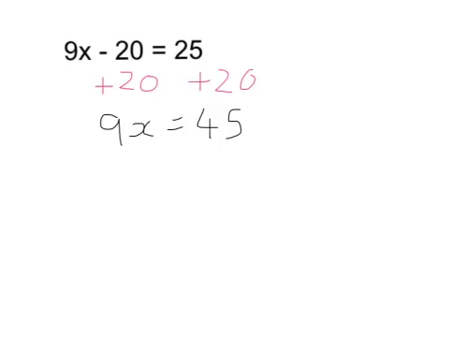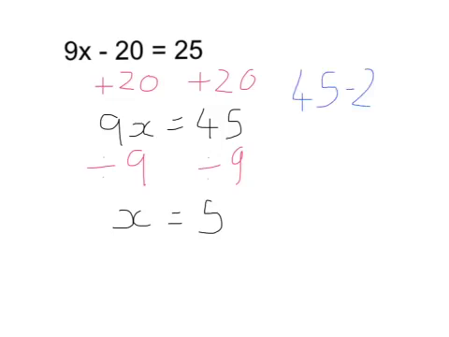Get rid of my times 9 by dividing both sides by 9. 9x divided by 9, 45 divided by 9. Let's go back and check it. If x is 5, 9 times 5 is 45. Take away 20 equals 25, which is what I've got. So I know it's correct.